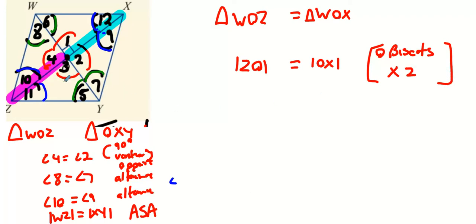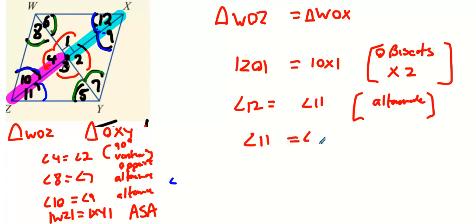Next, I'm going to prove that the two blue angles equal each other. Why can I say angle 10 equals angle 12? Okay, so let's try this out. Angle 12 equals angle 11. Reason being, alternate. But angle 11 equals angle 10.